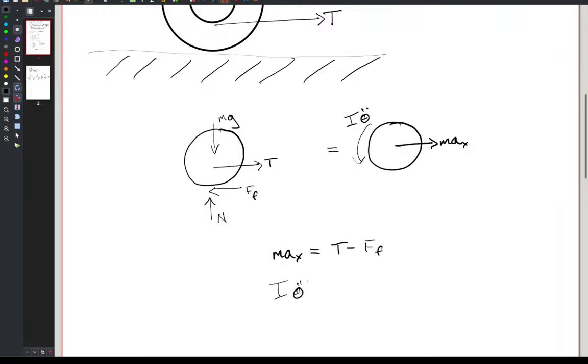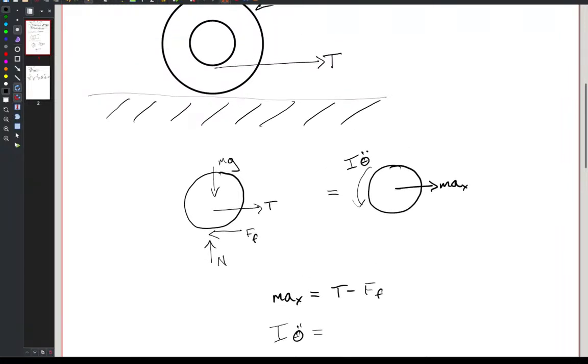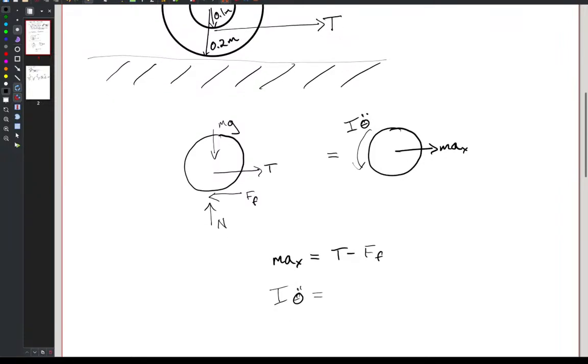I theta double dot is, now I need to know how big the spool is, right? Because it's different if T and F are directly in line with each other versus T right at the center and force of friction all the way at the bottom. So let's call this 0.1 meters, and this one 0.2, double the spread, something like that.